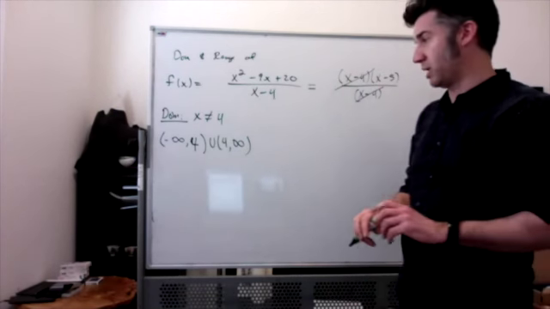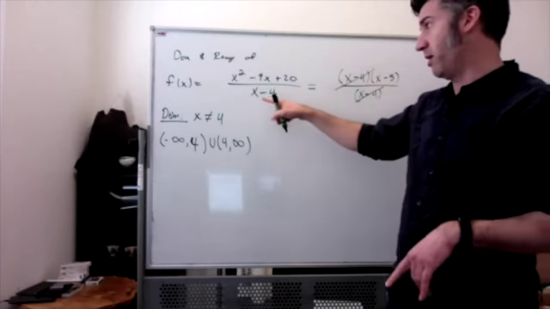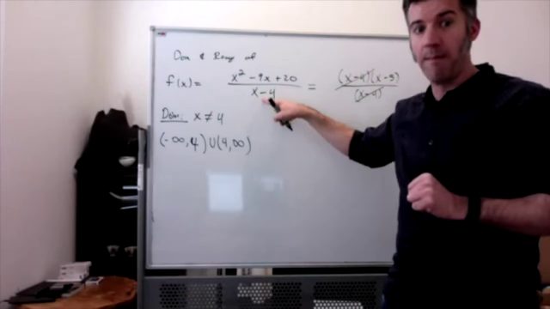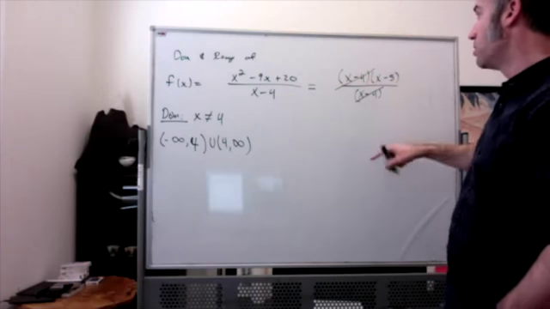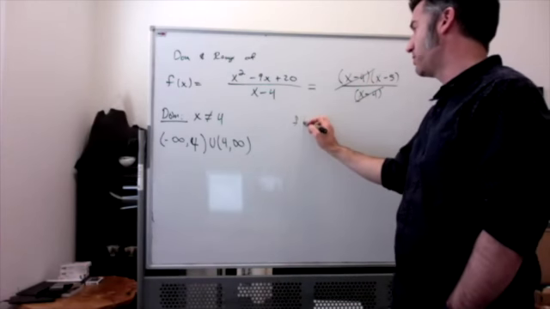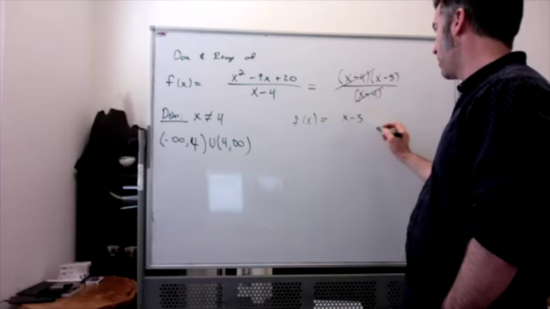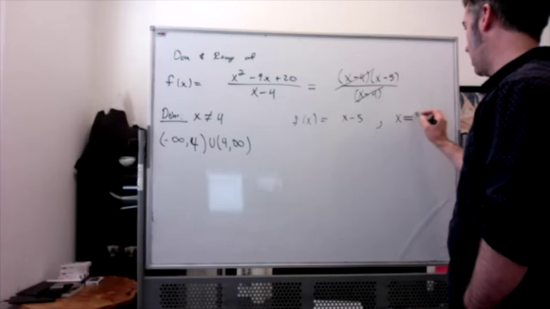The domain is not at 4, because if you're trying to see where the denominator is 0, it's x equal to positive 4, because 4 minus 4 equals 0. So I could rewrite this function as x minus 5 with the caveat that x is not allowed to equal 4.